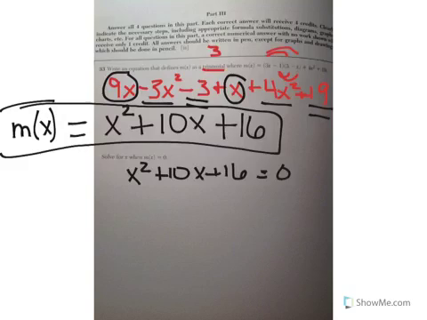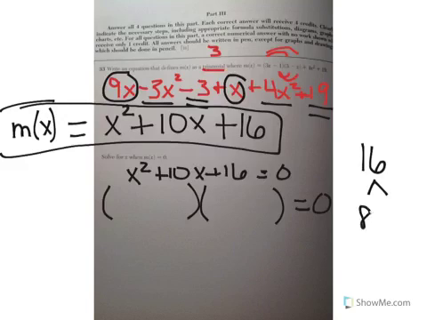The quickest way is the factoring, if you remember how, and I'm going to do the factoring method here. So when we factor a trinomial when a is equal to 1, we look to the third term, the c term, and I look at 16 and I say, what two numbers multiply to 16 and add up to our b value of 10? Well, the only numbers that would work would be a positive 8 and a positive 2.